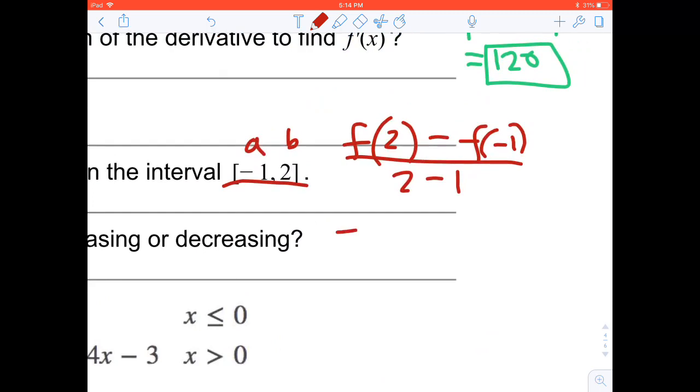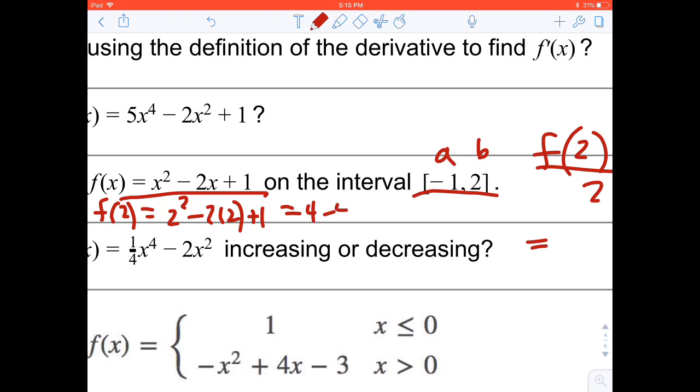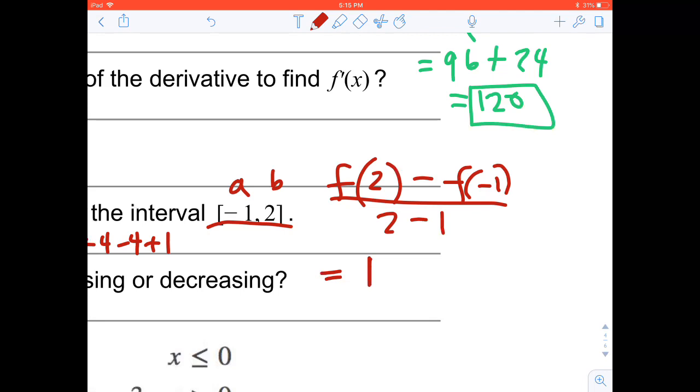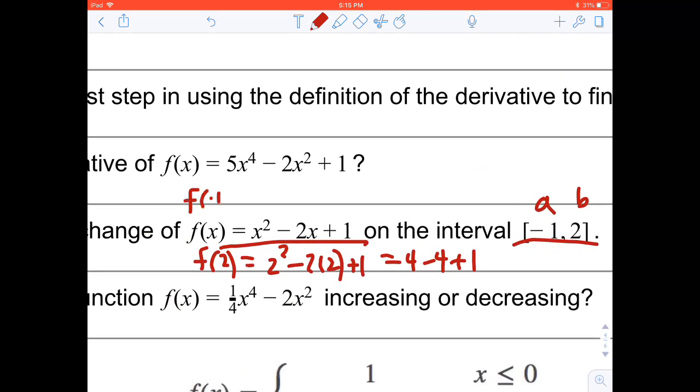And then solving. So f of 2, I'm going to just plug in 2 here, like that. That's going to be 4 minus 4 plus 1 equals 1. So I have a 1 there. Minus f of -1. So I'm just going to plug in -1.